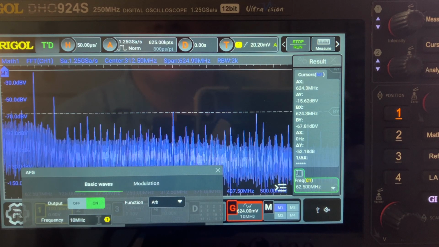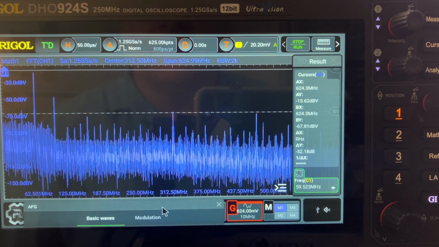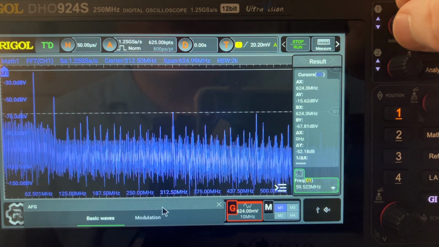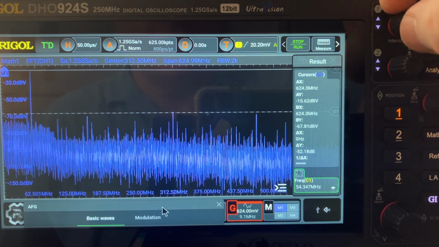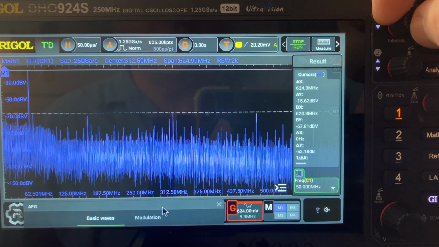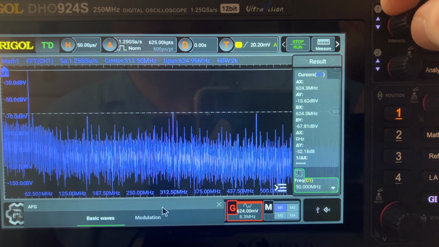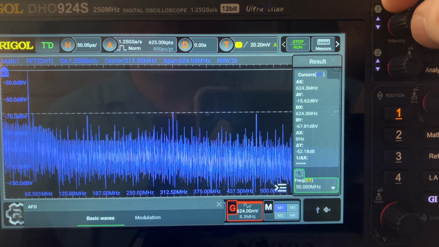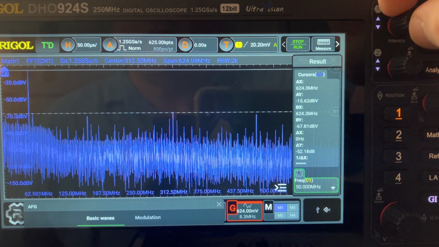If I reduce a little bit the frequency, we'll see the noise component move. So very quickly, from, let's go back to 50 megahertz. Signal to noise is where the cursor are. So 52 dB of signal to noise.